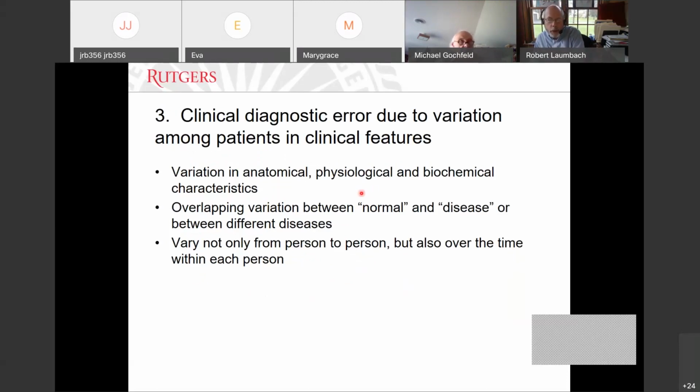And so, as with other tests, we know that there's variation anatomically, physiologically, and biochemically, both between people as well as within individuals over time, and that there's at least some overlap between variation that's normal and disease, or between different diseases, again, in a differential diagnosis situation where we're looking at what distinguishes one disease from another. There can be overlap in the things that we might use in terms of tests, especially for continuous variables.